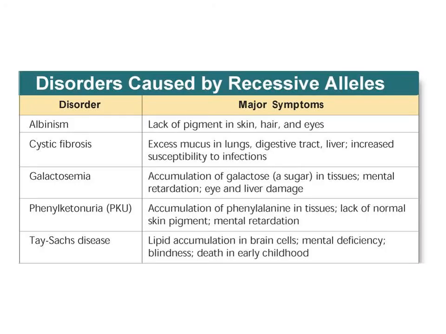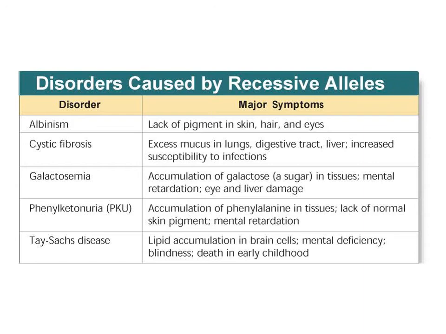Some are caused by recessive alleles, like albinism. You guys have heard of albinos, and that's the lack of pigment in the skin. Cystic fibrosis, you know what that does. Galactosemia is an accumulation of galactose that's in milk, and people can't digest galactose. Phenylketonuria is another one, and that's one of the ones I want to make sure that you know.